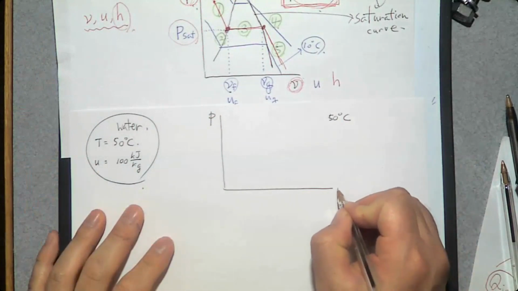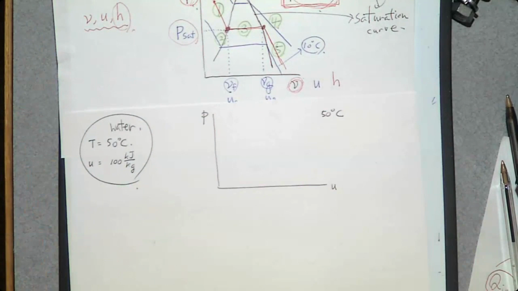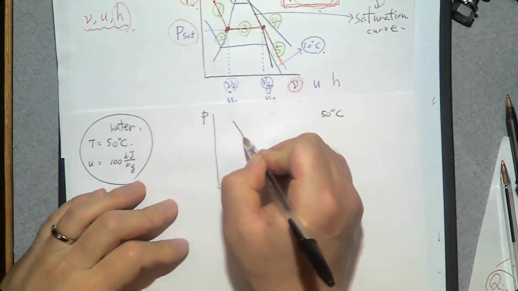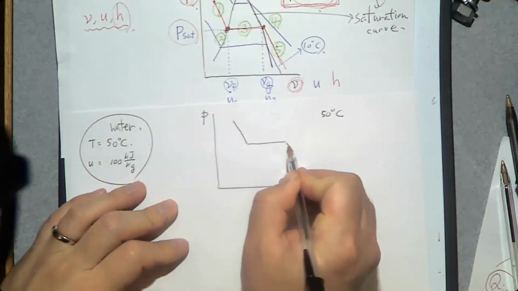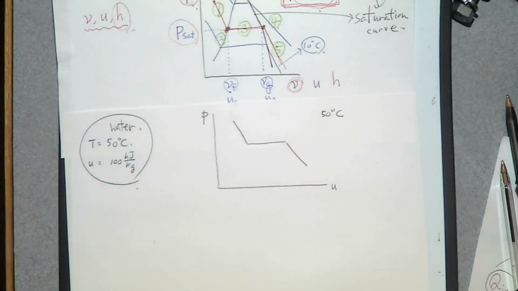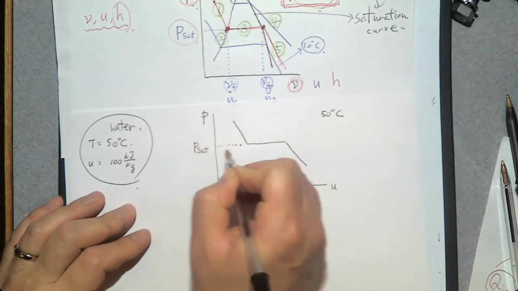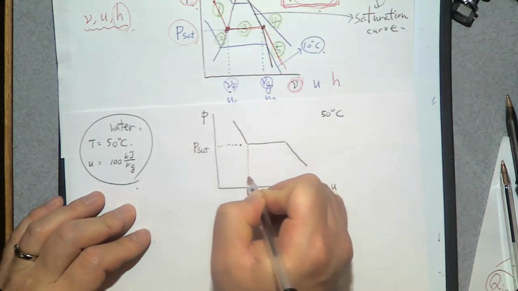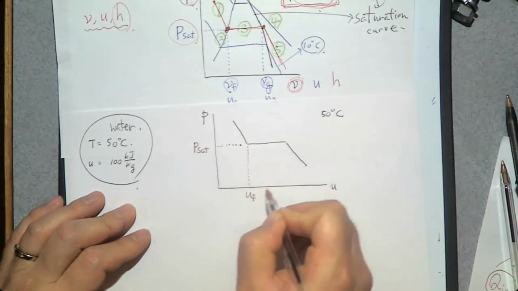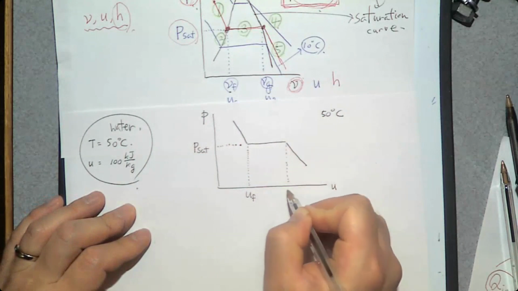PU diagram looks like this one, going straight down. And to complete this PU diagram, we need to know 3 properties. They are T sat, Uf, and Ug.